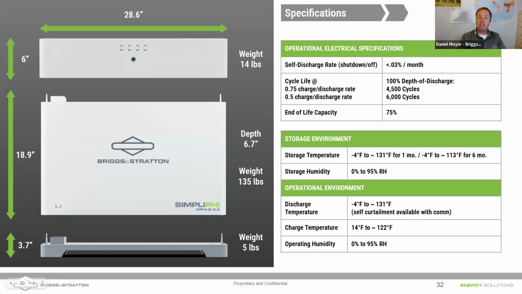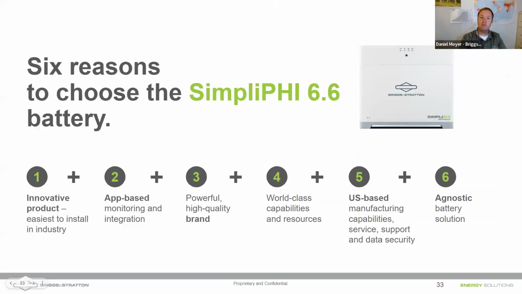I personally like to avoid using heating options. It uses up energy from the battery to heat them, and some of them can be substantial heaters. So being able to keep them operating down to 14 without the need of heaters, I was really proud of our engineering team that was able to make that happen.